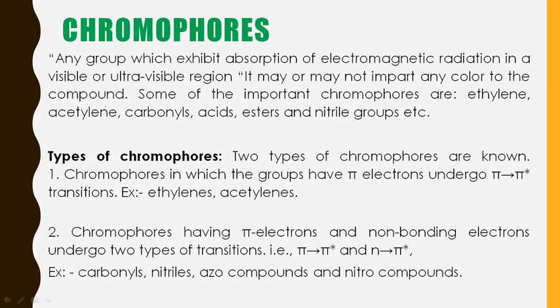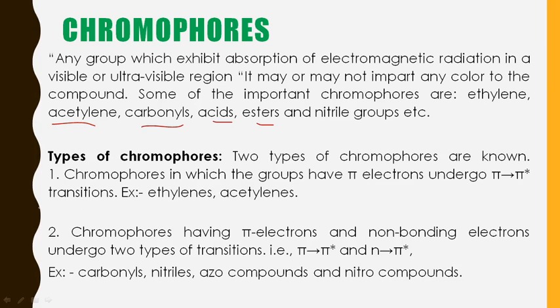Whatever the compound, if it has some absorption when it interacts with UV radiation, we call such a compound a chromophore. It must come under the category of chromophore. The examples for chromophore are ethylene, acetylene, carbonyls, acids, esters, and so on.